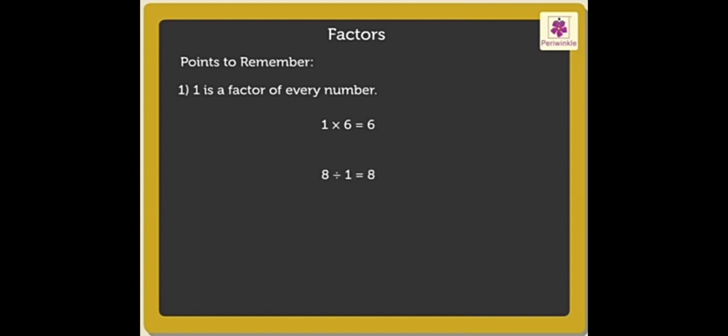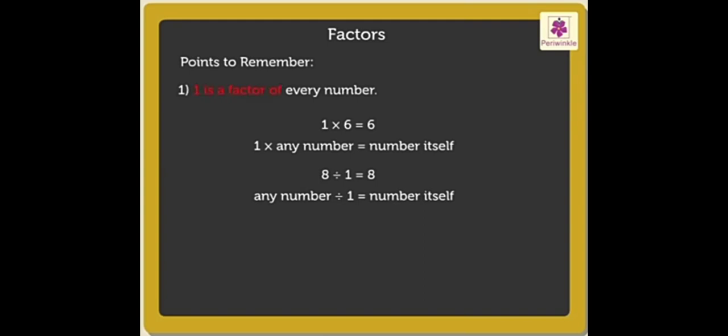Thus, 1 multiplied by any number gives the number itself as the product, and any number divided by 1 also gives the number itself as the quotient. Hence, we conclude that 1 is a factor of every number.